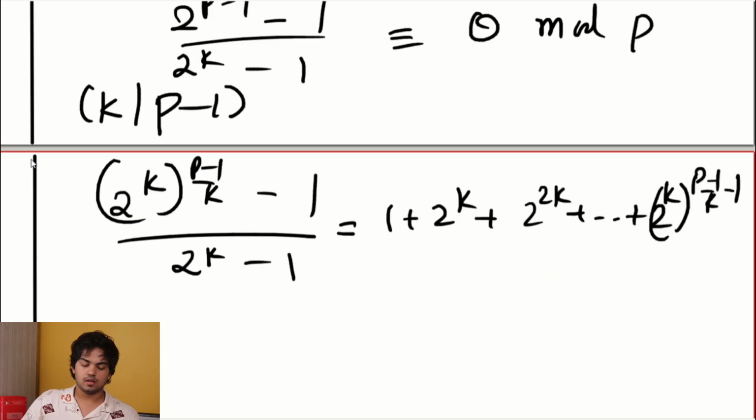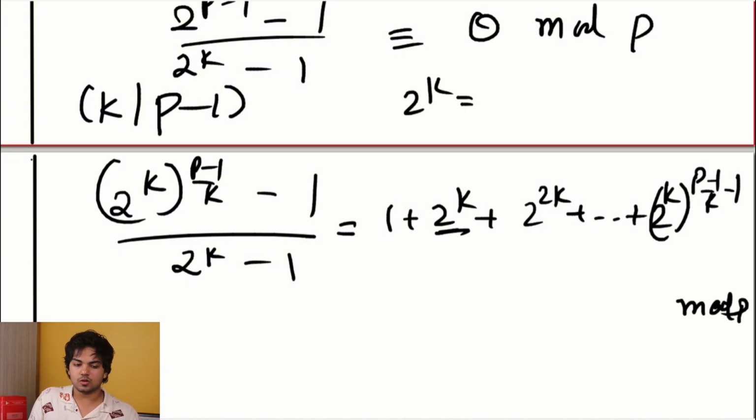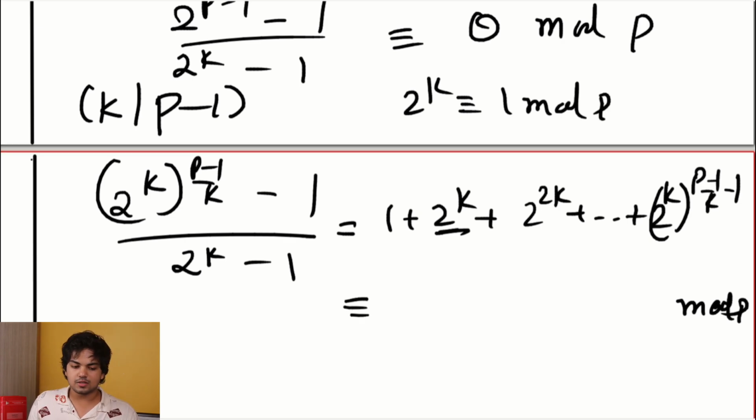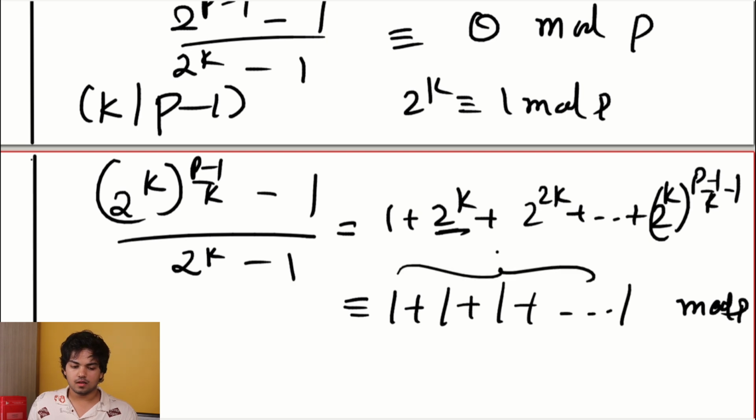But modulo p, since all of these are powers of 2 to the k, where k is the order of 2, each of these is 1. 2 to the k is congruent to 1 mod p, if you recall my definition. So this is congruent to 1 plus 1 plus 1, p minus 1 by k of these. This is just congruent to p minus 1 by k mod p.